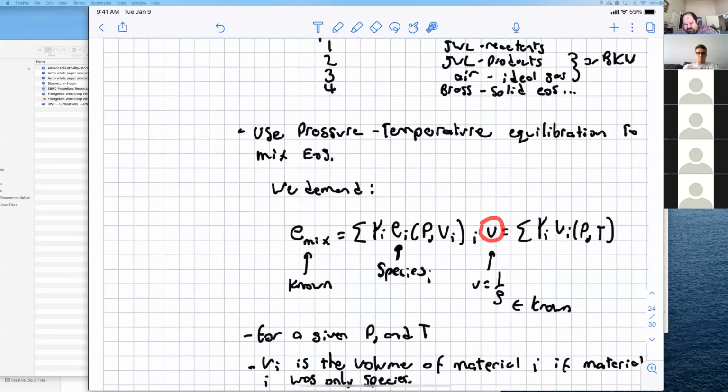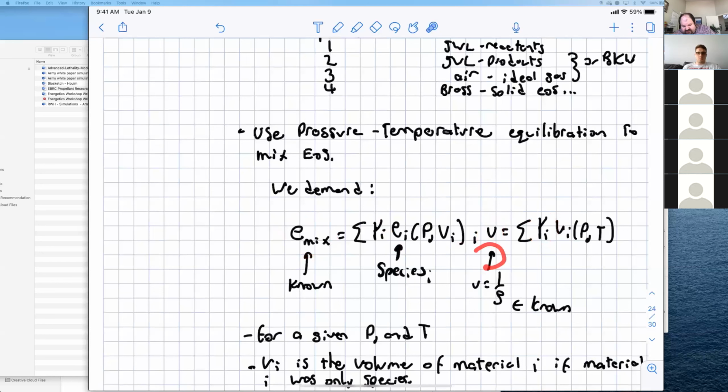Then you use Amagat's law of partial volumes, and you state that the sum of the mass fraction times the volume of each of the species equals the specific volume of the mixture.